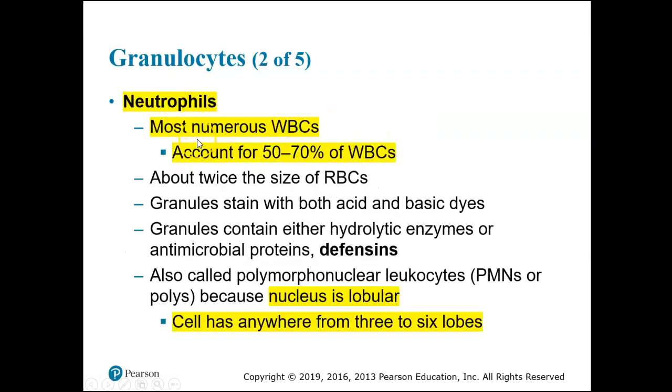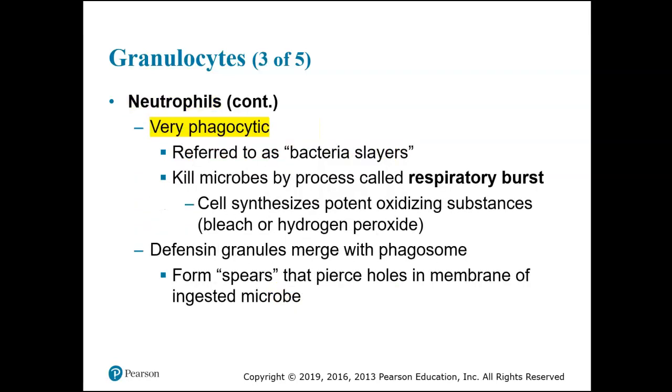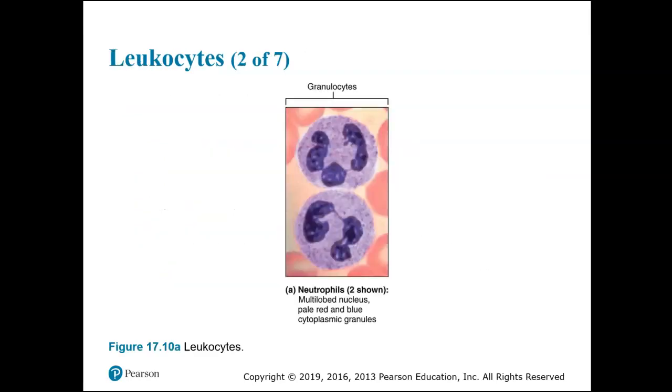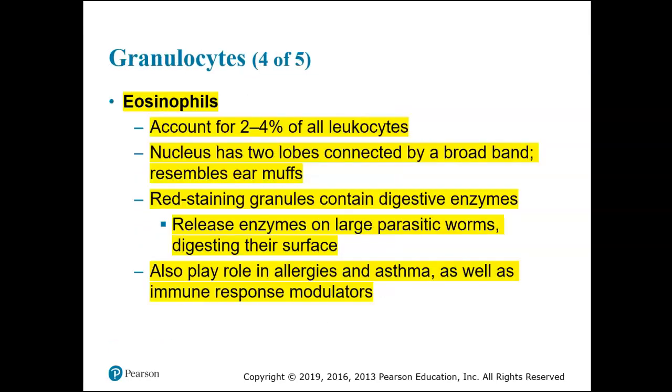So the granulocytes, again, are the neutrophils, eosinophils, and basophils. Neutrophils are the most numerous white blood cells. They account for 50 to 70% of the white blood cells. They have a lobular nucleus that has anywhere from 3 to 6 lobes. They're phagocytes. Here they are. Eosinophils count for 2 to 4% of all leukocytes. Their nucleus resembles earmuffs.